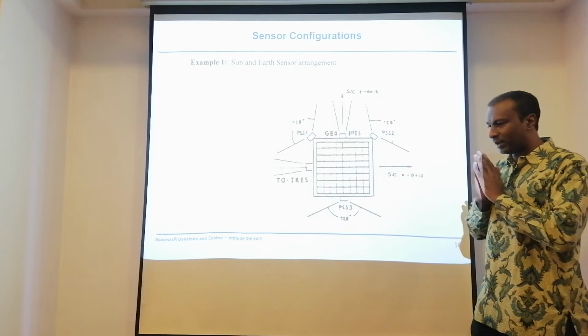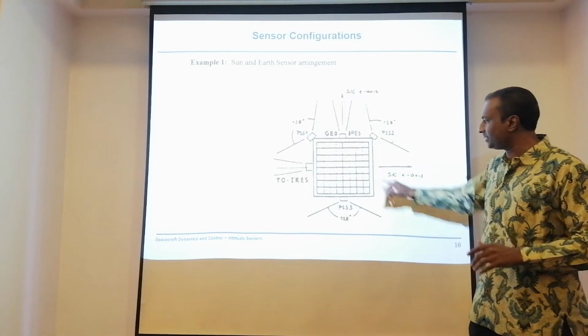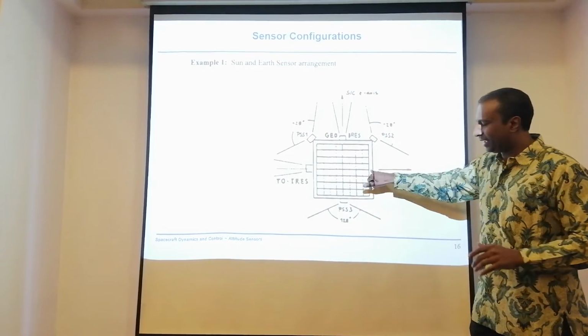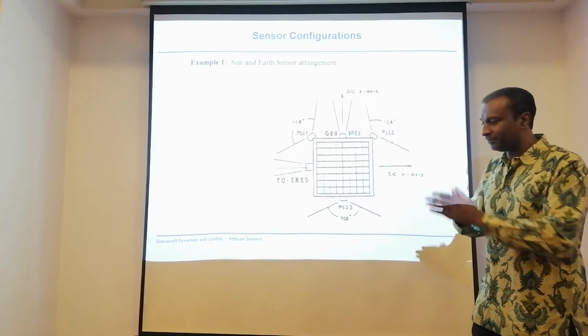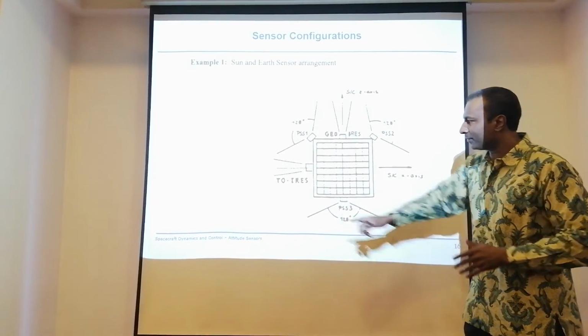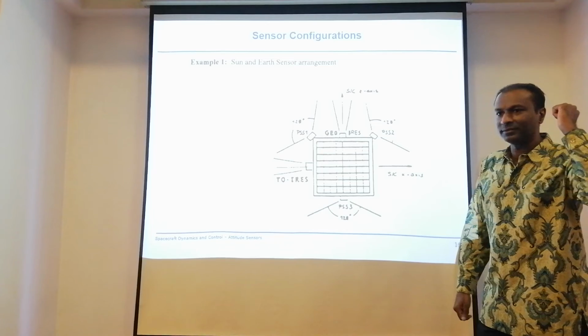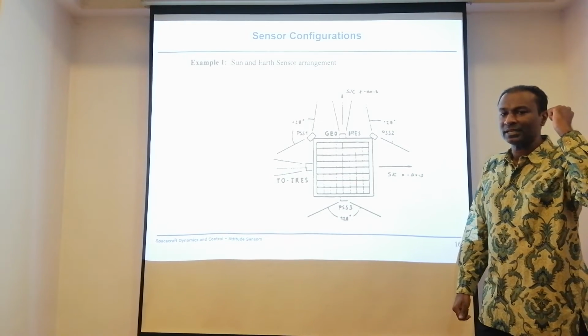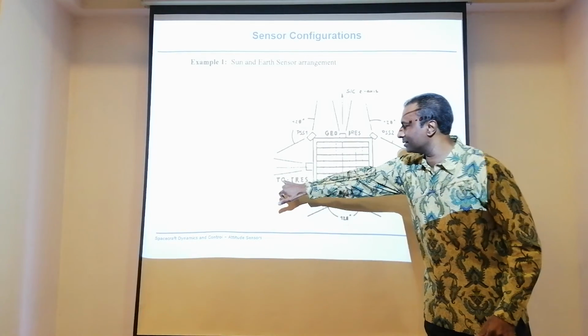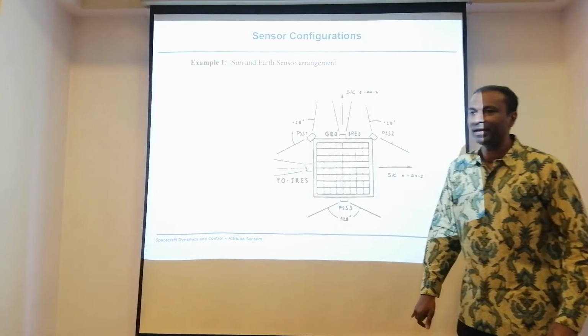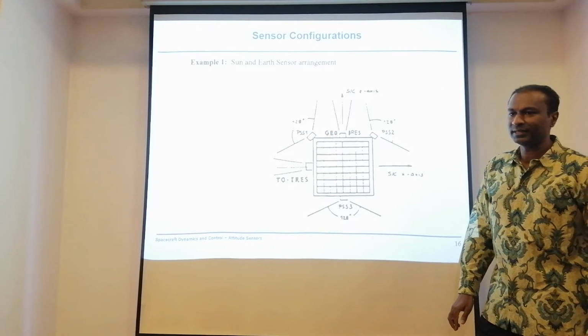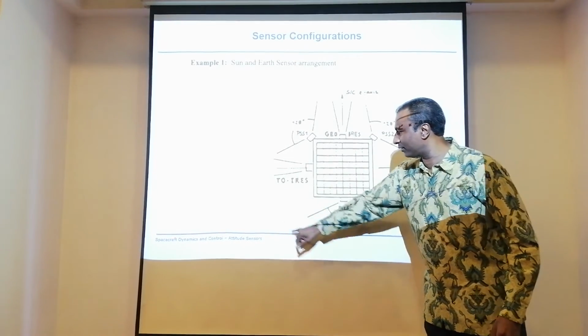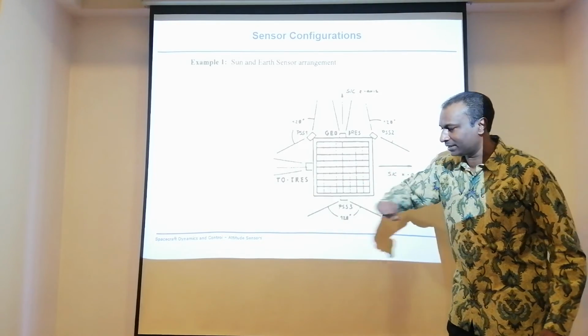At the transfer orbit, when you are flying, your X-axis is the flight direction. Technically speaking, your back is facing planet Earth. So this sensor will be used during the transfer. That's the reason it's called a transfer orbit Earth sensor.